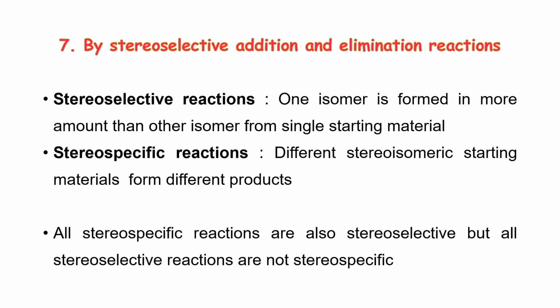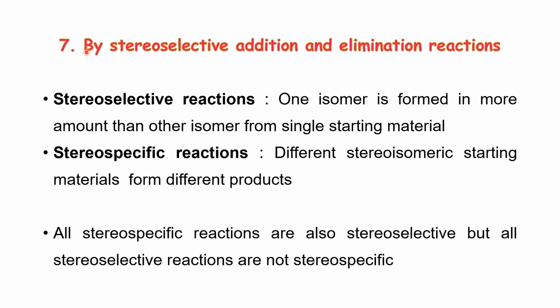And why do different isomers react differently? The answer lies here. There is something called as stereoselective reaction and something called as stereospecific reaction. A stereoselective reaction means a single starting material, for example A, forms two products. Now these are two isomers. They may or may not be geometric isomers.